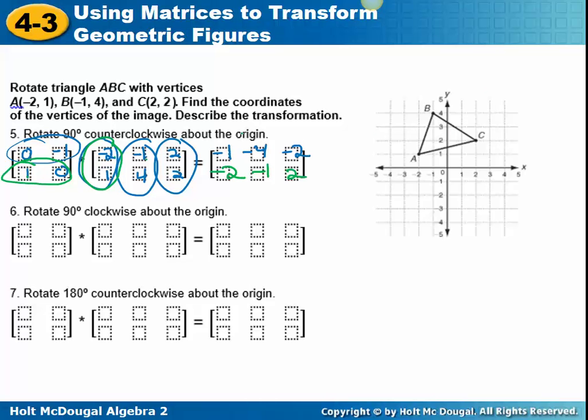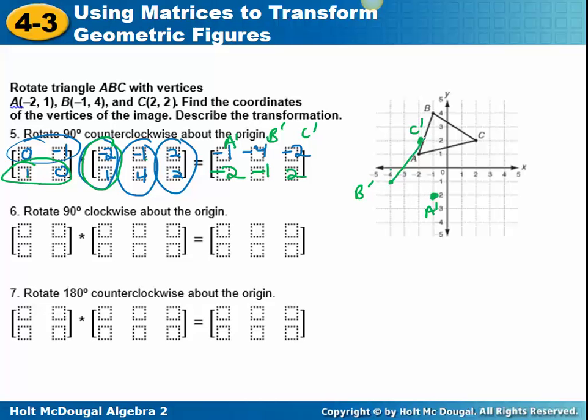So after rotation 90 degrees counterclockwise, A prime will be at -1, -2. There's A prime. B prime will be at -4, -1. And C prime will be at -2, 2.